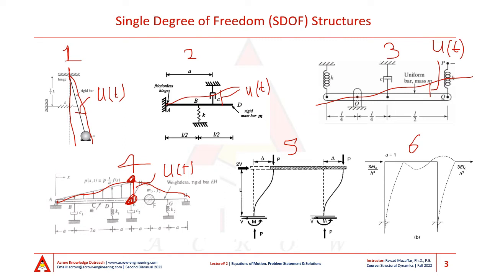So all we need to know for this single story frame is the magnitude of delta at any time instant t to completely describe the deformed shape of the structure.